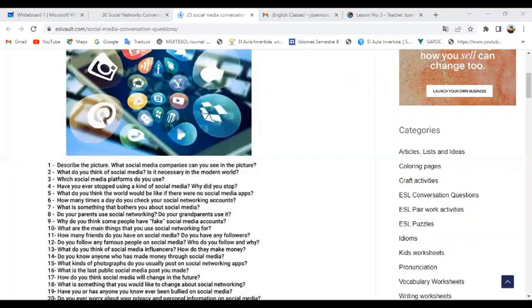Alicia, do you usually post things on Facebook, Instagram, etc.? Yes, I share memes. I share memes or I upload photos when I do a funny activity or when I travel.